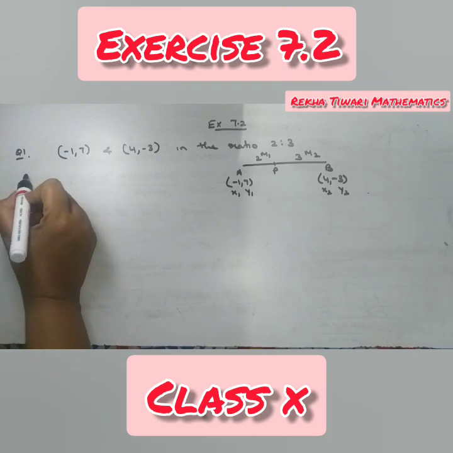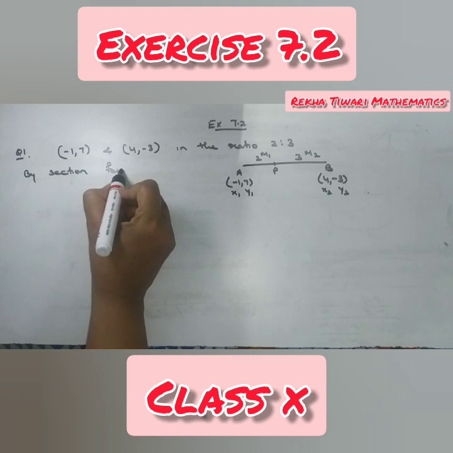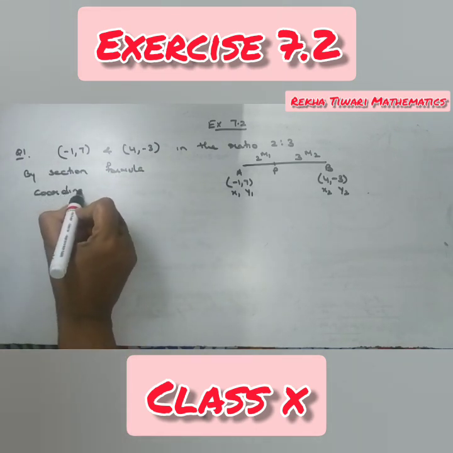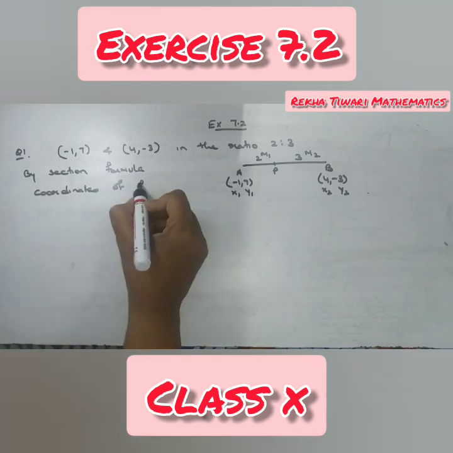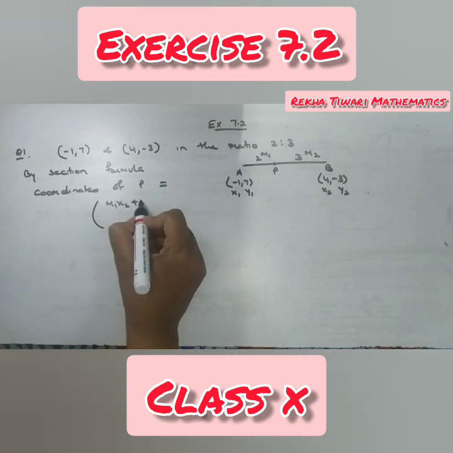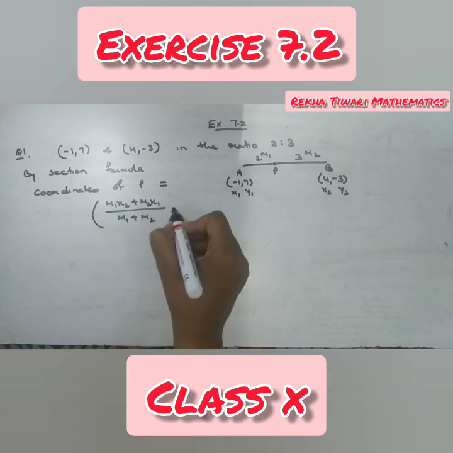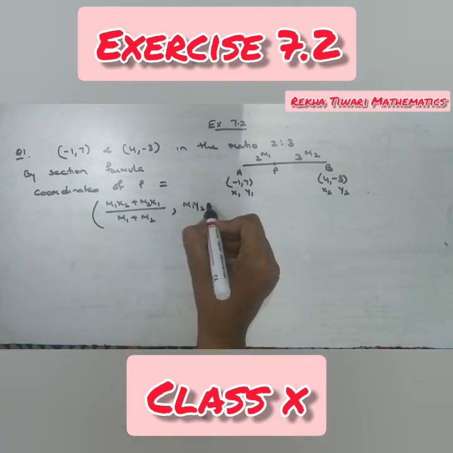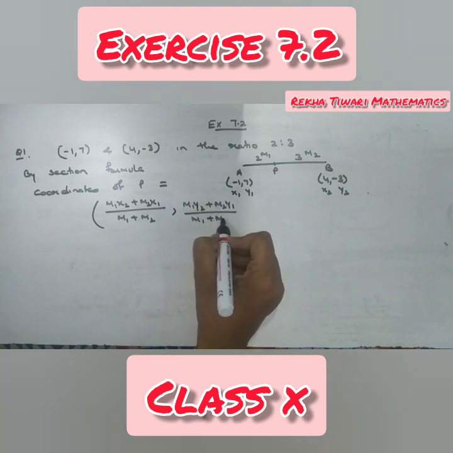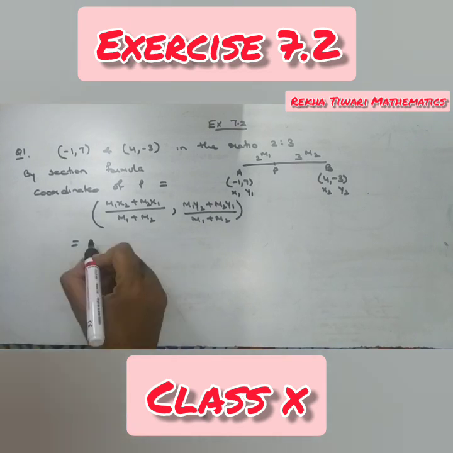So the coordinates of P by the section formula is equal to, what is the formula? The formula is m1 x2 plus m2 x1 upon m1 plus m2, comma, m1 y2 plus m2 y1 upon m1 plus m2. You just have to put down the values to get the result.